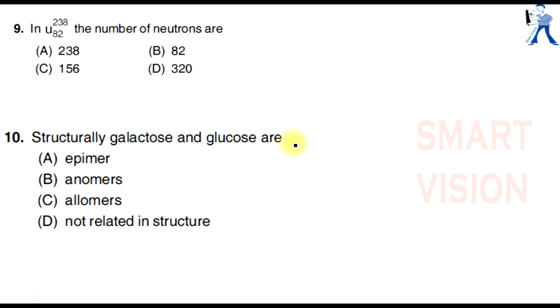So in uranium, the number of neutrons. They have given uranium 82 238. And what is this 82 number? This is the atomic number, and this is the mass number. What does mass number mean? Protons plus neutrons.